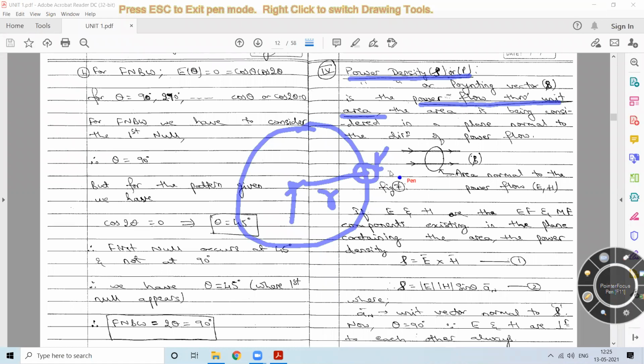And when we consider it in terms of antenna, we consider the antenna to be at the center of the sphere. If the sphere radius is r, it will be at a distance r from the antenna. If you consider a unit area at that point, and you measure the power flow through this unit area, it will give you the information pertaining to power density.